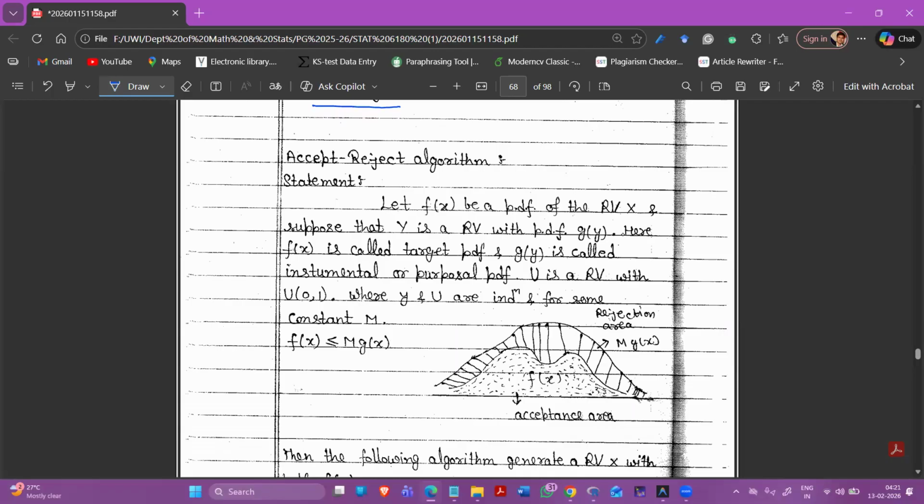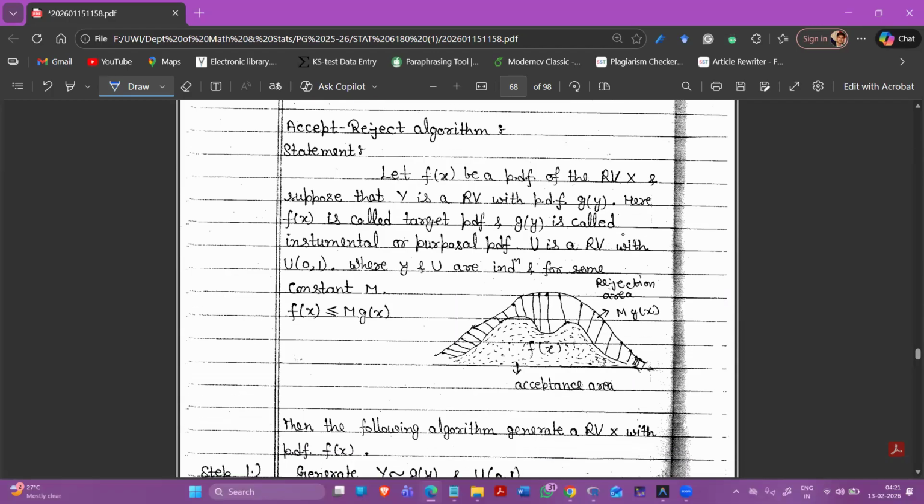So what is the accept reject algorithm? That we use to generate a random sample. Let fx be the PDF of your random variable x. If they are giving you that x follows some distribution fx, and y is a random variable that follows another distribution gy.